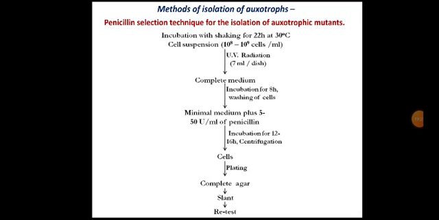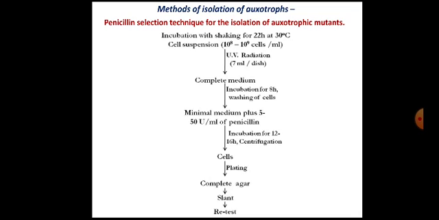So incubation with shaking under desirable temperature for a desirable period, and after that the cell suspension is exposed to the mutagenic agent, that is ultraviolet light. In this case, this protocol is standardized.